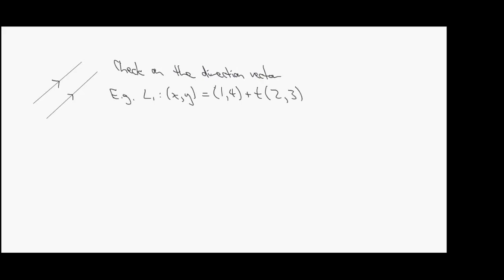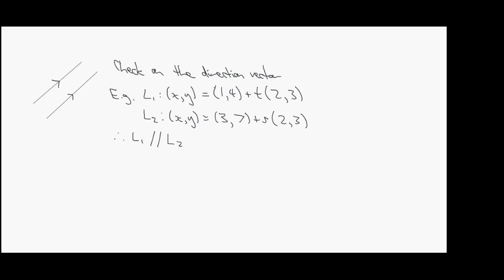And line 2 will be, let's say, 3, 7 plus s times 2, 3. As you can see, we can tell that line 1 is parallel with L2.